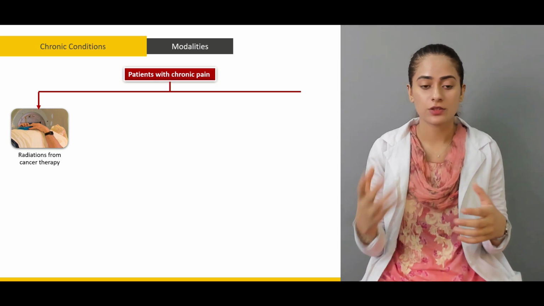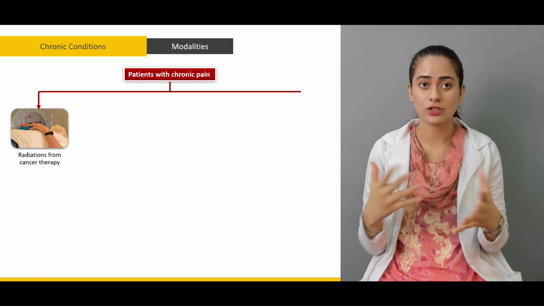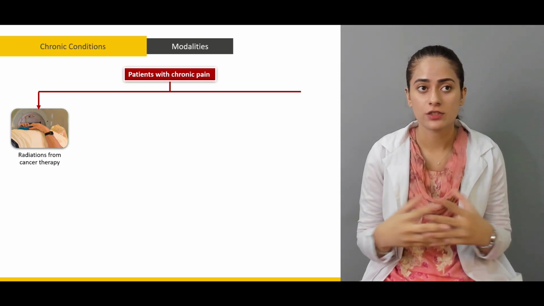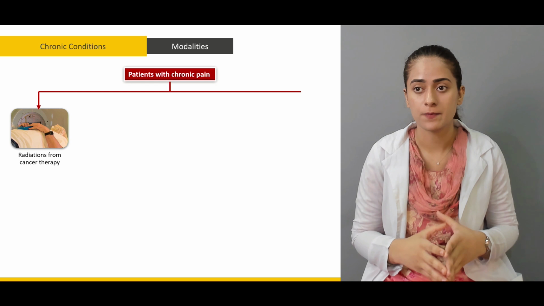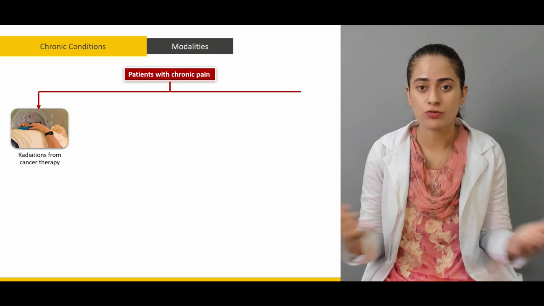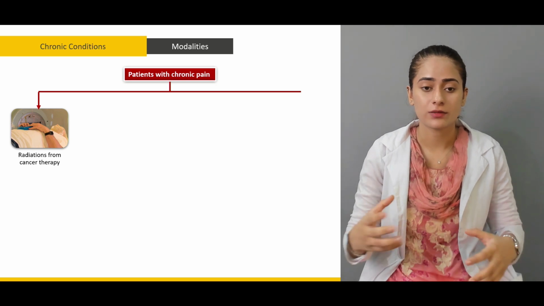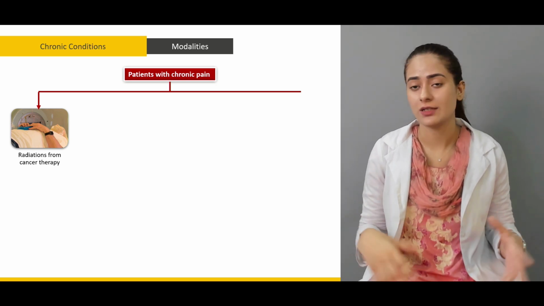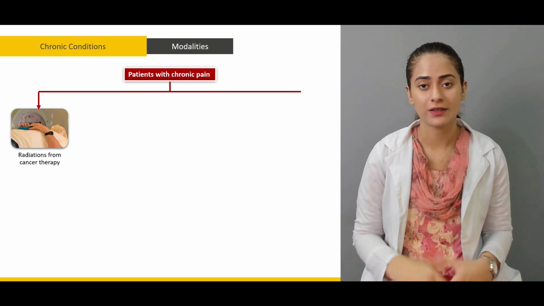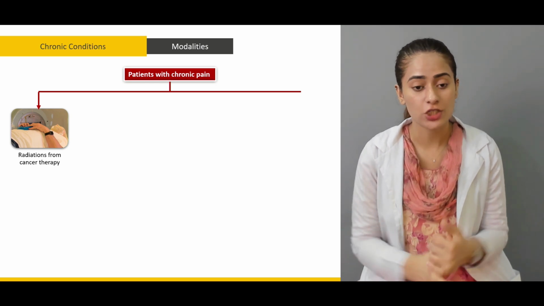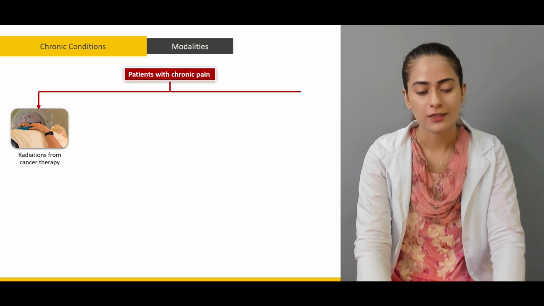Because of their radiation therapy, they are constantly at risk of chronic pain, and they almost always have it. That chronic pain will result in bone pains, and then the entire cascade of degeneration will start. So that's the first part.